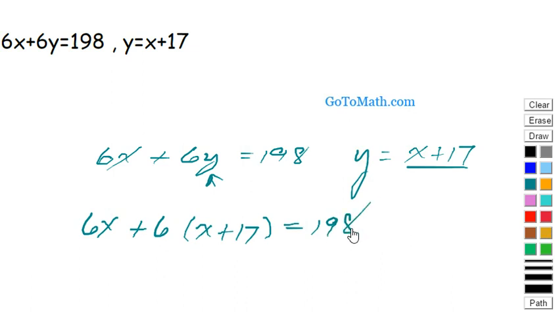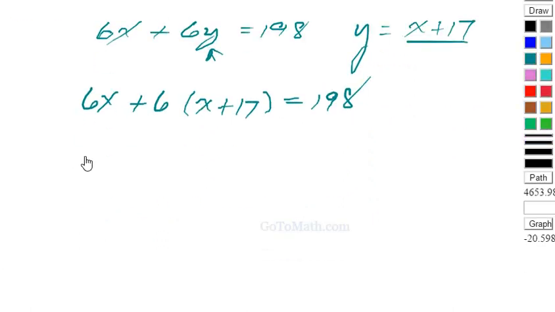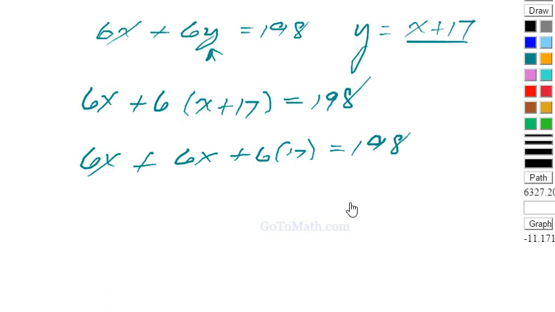And now what we want to do here is solve for x. So 6x plus, distribute that 6 across, we have 6x plus 6 times 17 is equal to 198, right?